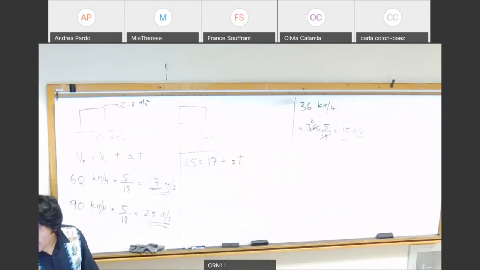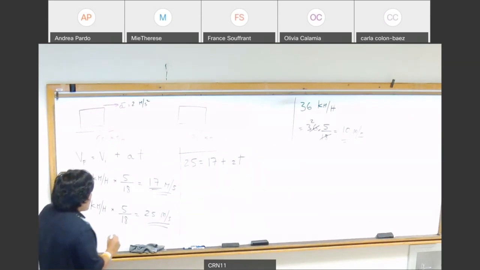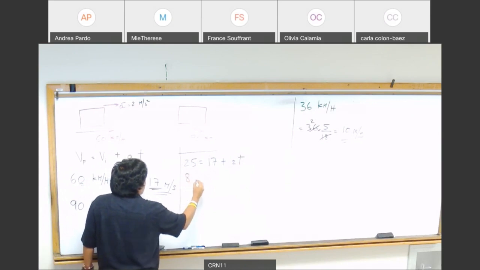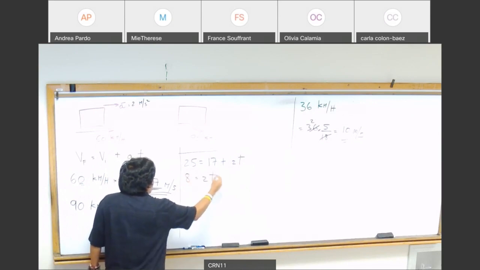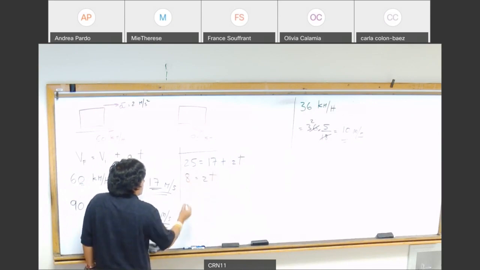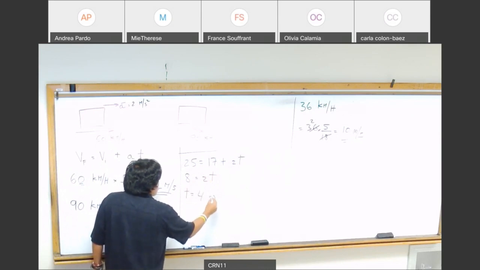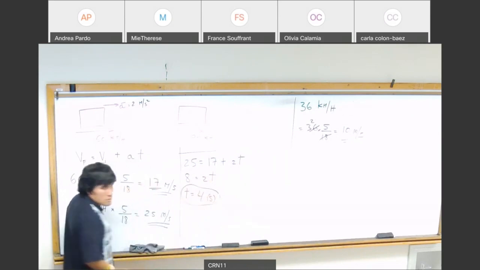The acceleration there will be 2 meters per second squared as well. So here, I subtract 17 on both sides. That gives me 8 equals 2t. So the time is how much? 4 seconds.